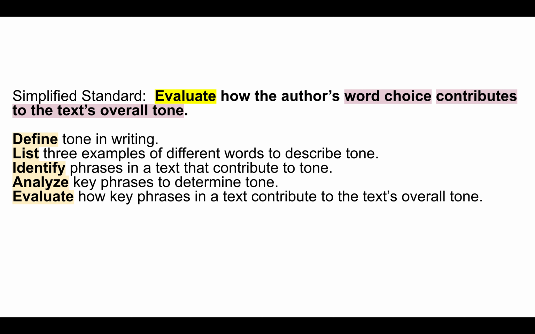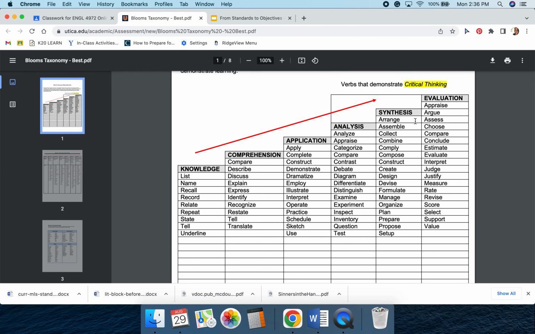Here's my simplified standard again on top. Evaluate how the author's word choice contributes to the text's overall tone. I'm going to pull up Bloom's taxonomy so you can see that evaluate. Oh, here it is. Evaluate is on the highest order thinking, okay? I really recommend that you include, I like 3. Sometimes 2 is enough if you have like analyze as your main verb, maybe just 1 leading you up to that.